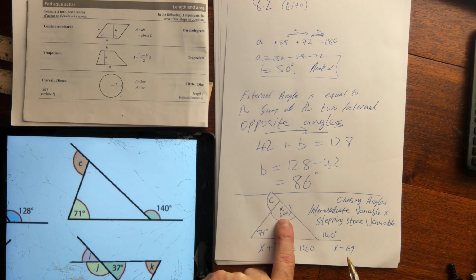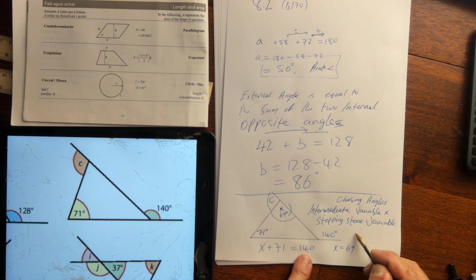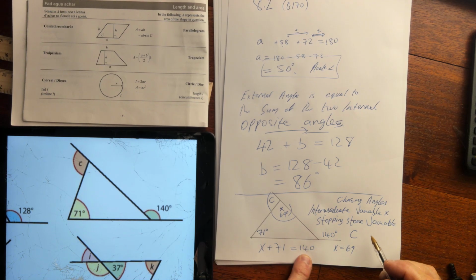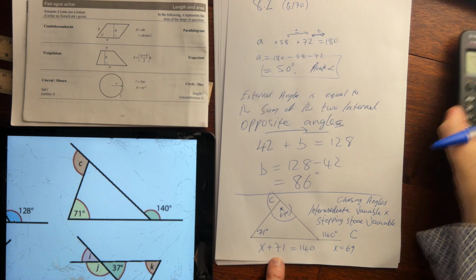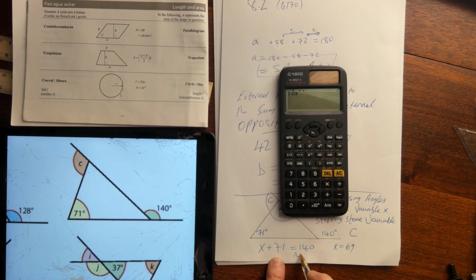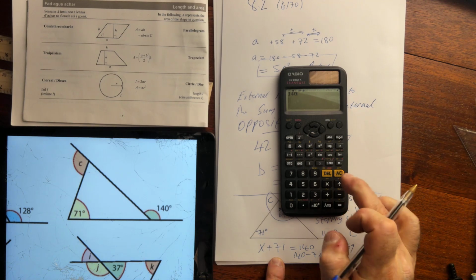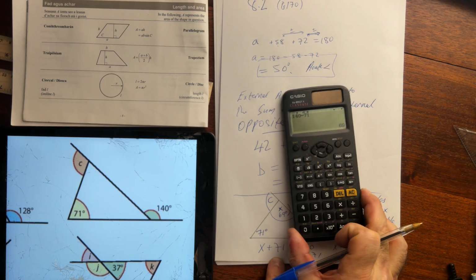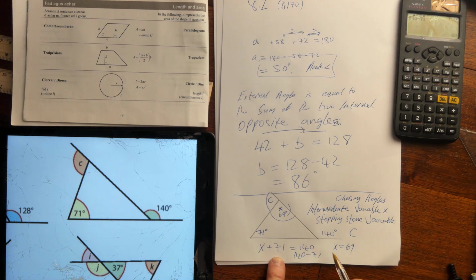So we've got it to be 69, and now we use the straight angle. We don't have to talk about X anymore because we know it's 69 degrees. Just in case you don't know where that came from, I did 140 minus 71. We get 69.